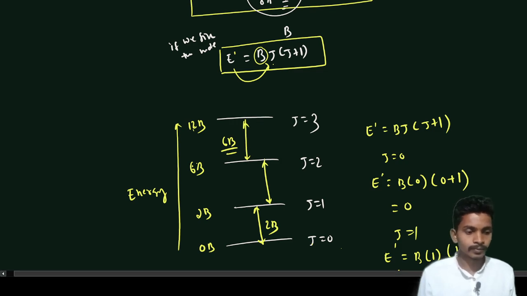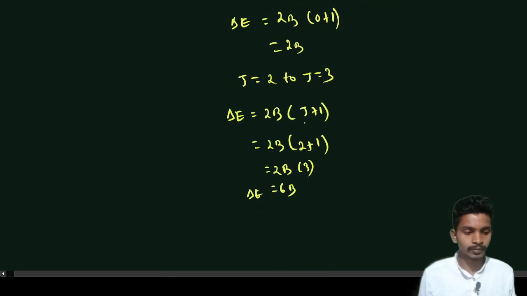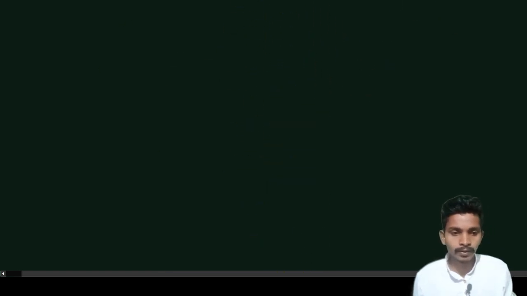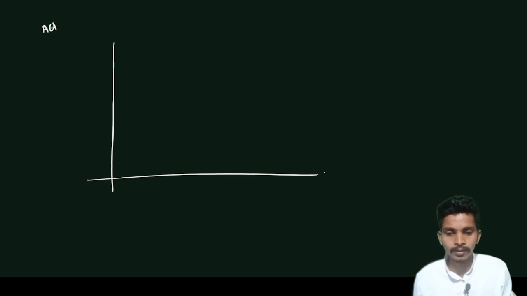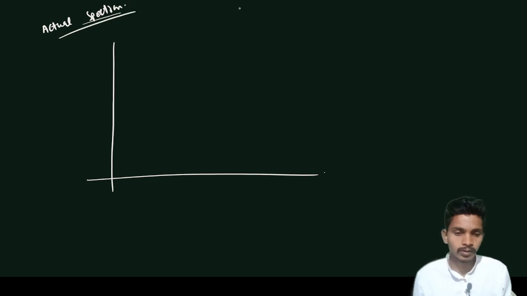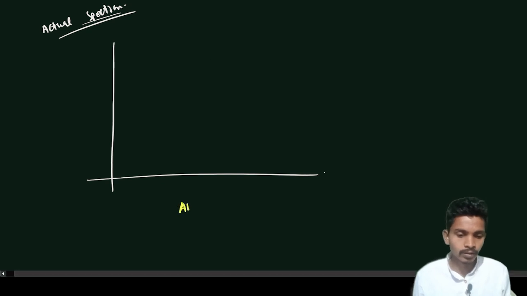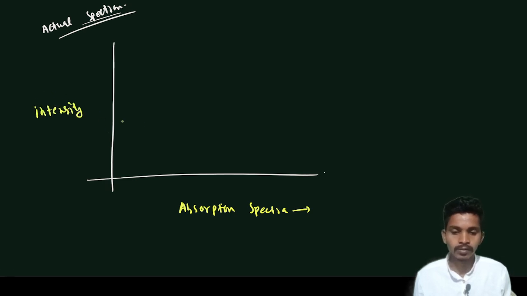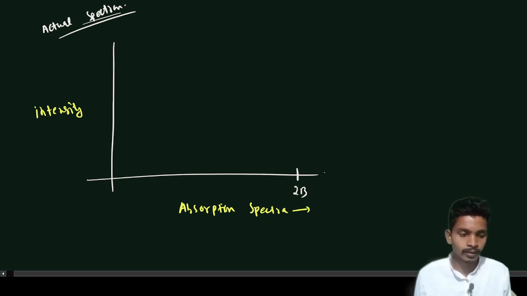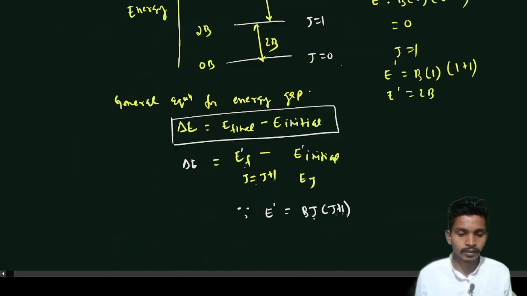So if I look at the actual spectrum, how it looks: here the observed spectra will be, and here will be the intensity, and here the energy gap will be written.